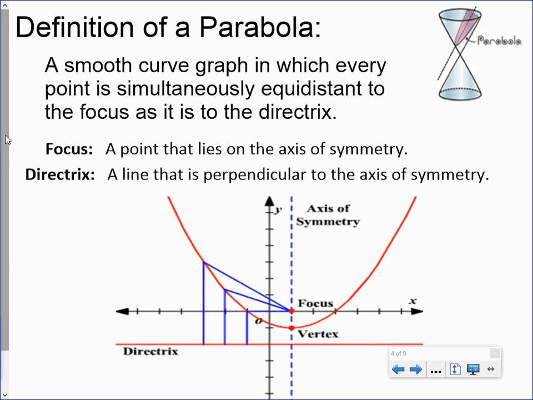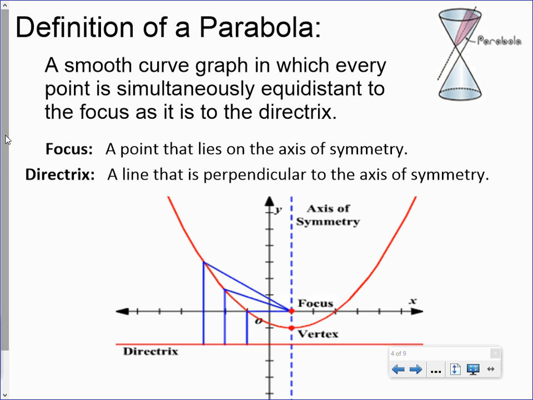Okay, so a focus is a point that lies on the axis of symmetry. Notice in my picture, I've got a red parabola. We already know that the point that is the minimum or maximum value is called the vertex. There is a vertical line passing through the vertex, which represents my axis of symmetry here. The focus lies somewhere on the axis of symmetry.